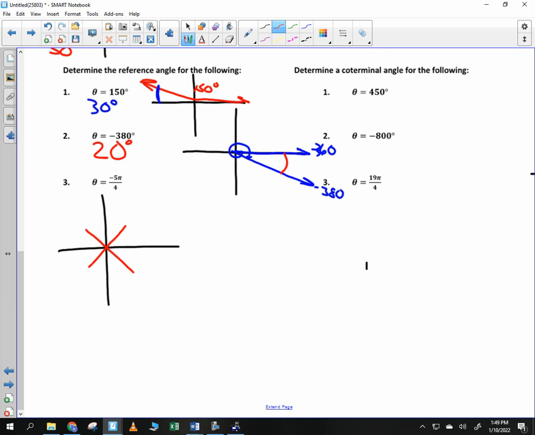So let's see where negative 5 pi over 4 puts us. 1, 2, 3, 4, 5. Negative 225 degrees. Okay, so that's where my angle is, that's my rotation. Anybody want to guess what the angle measurement is right there? 45 degrees. So in radians, that would be pi over 4.